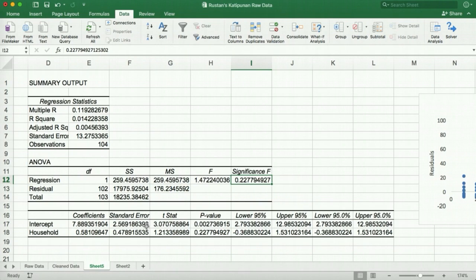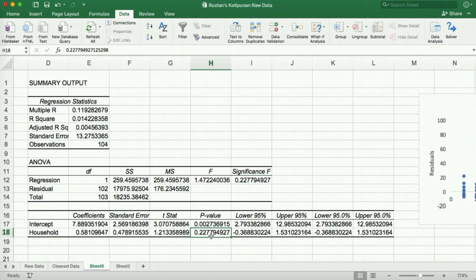We can also look at the regression coefficients. We have here the y-intercept, and this is the slope for household. We can see that the y-intercept is significant. The p-value is very low, but the p-value for household is similar to the F-test.